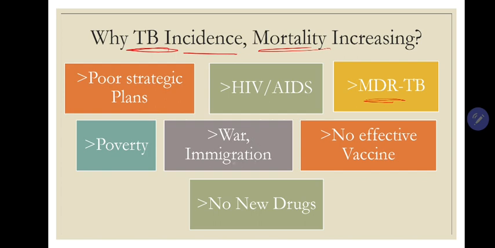Fifth, war and immigration, الحروب والهجرة. Sixth is no effective vaccination available. And finally, no new drugs. All of these factors working together in increasing TB incidence and mortality.